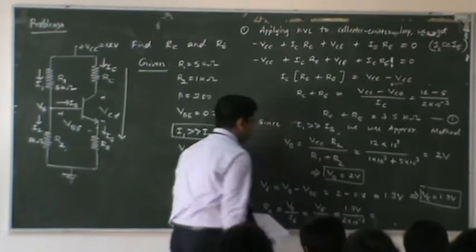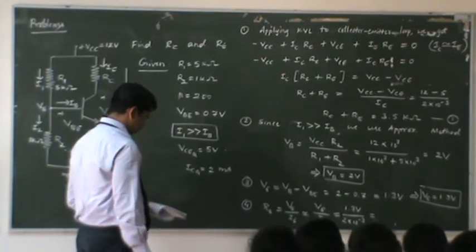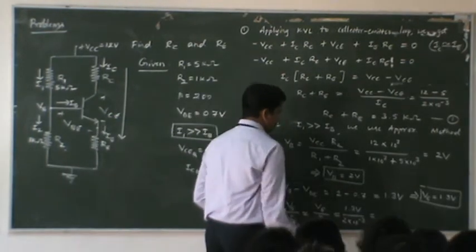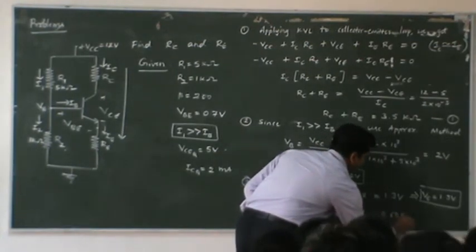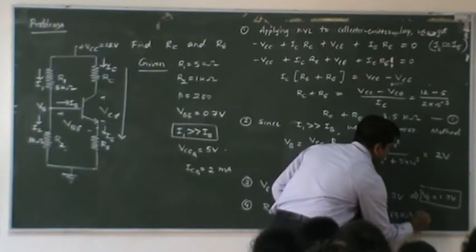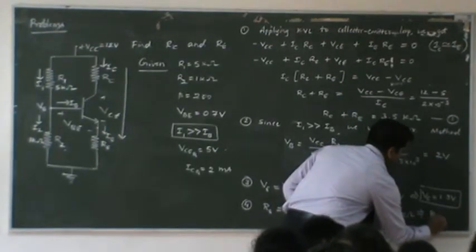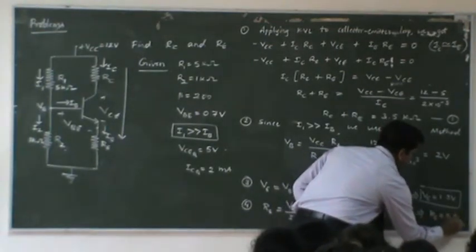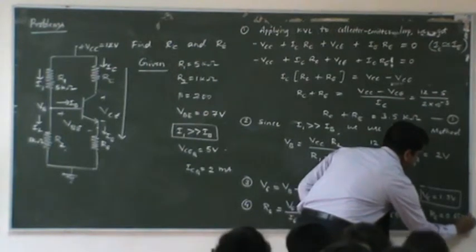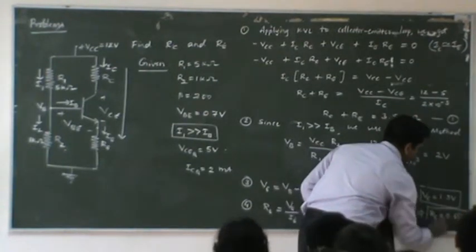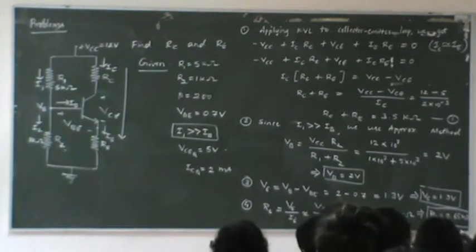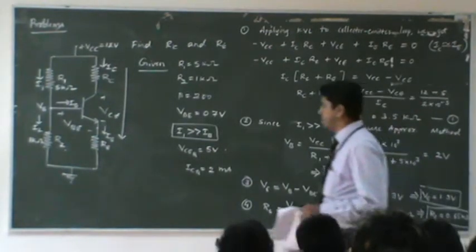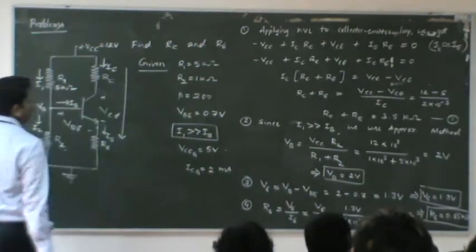Find out this value. The RE value is 0.65 kilo. So this implies that RE is 0.65 kilo. Now using this in equation number 1, we can easily obtain the value of RC.